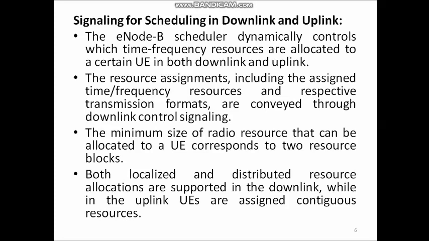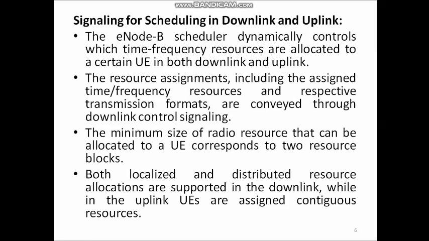So, in both uplink and downlink direction, time frequency resources are allocated to the user equipment using the eNodeB scheduler. The resource assignments, including the assigned time frequency resources and respective transmission formats, are conveyed through downlink control signaling.